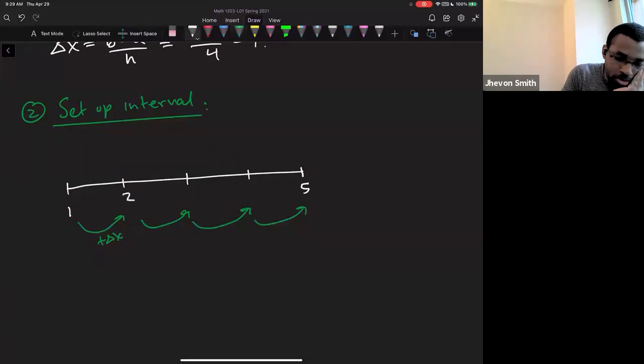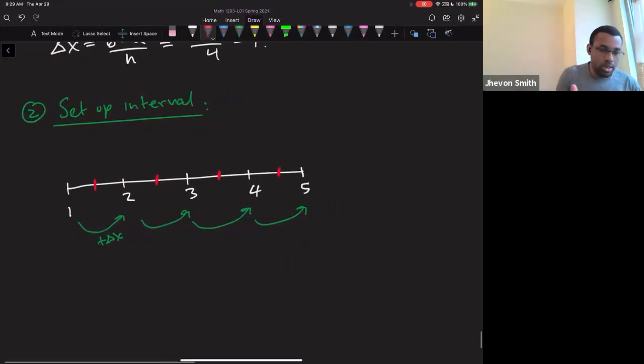So we first have to figure out these numbers. But now I want the midpoint, right? So now I actually care about the guys in exactly the middle. Now it's obvious what those guys are going to be in this case, but for the non-obvious case, what you would do is you would find the average, right? So you'd find the average between 1 and 2, 1 plus 2 over 2, that's 3 over 2, that's 1.5.